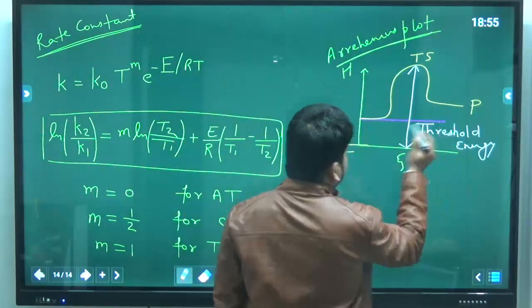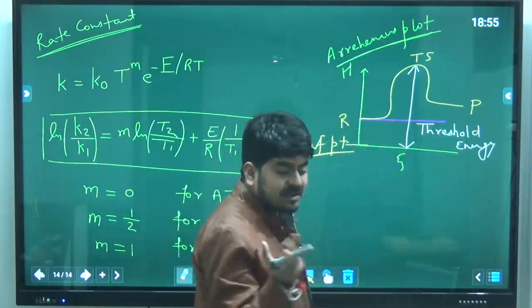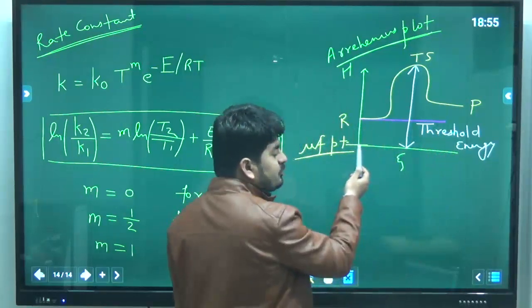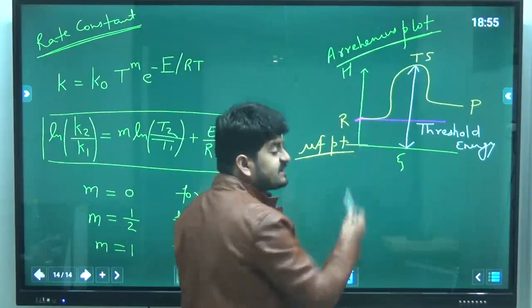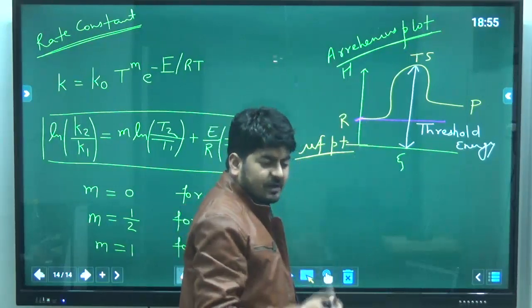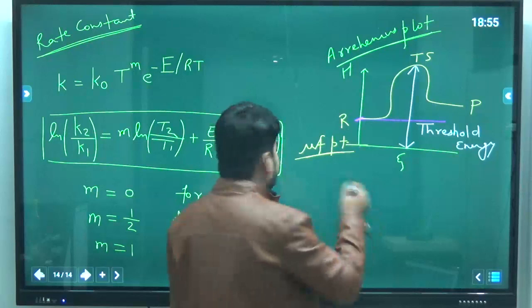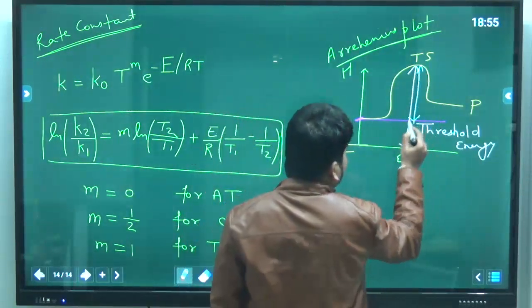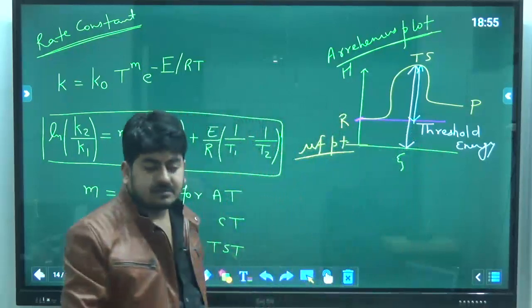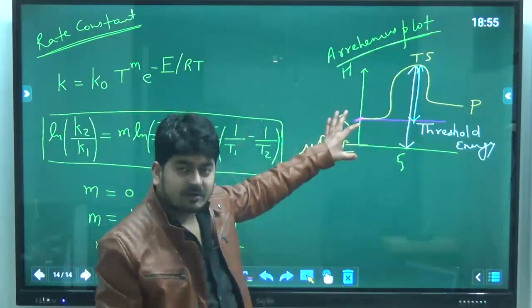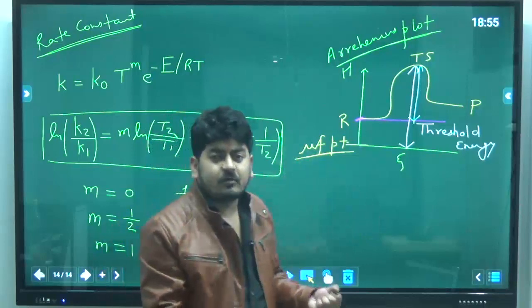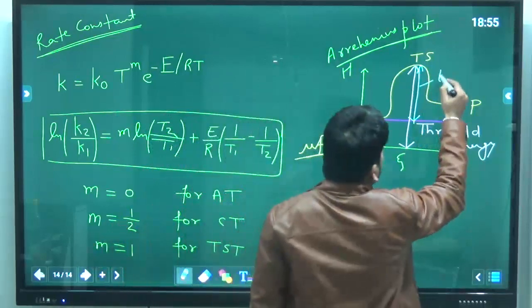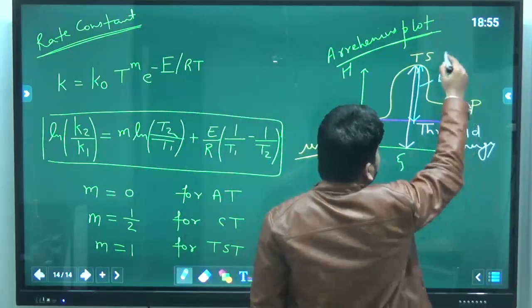If you see from the reference point, the reactants already possess this much energy. The additional energy required by the molecules is this, which we have to supply. They already have this energy, some extra energy they require, and that extra energy is called the activation energy.